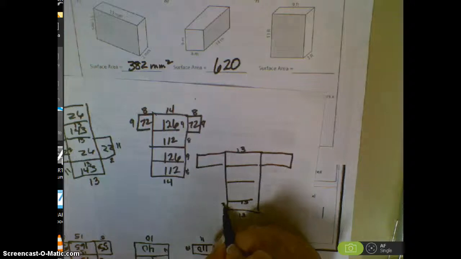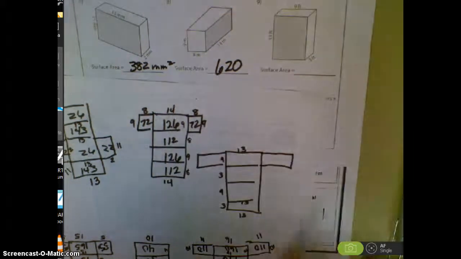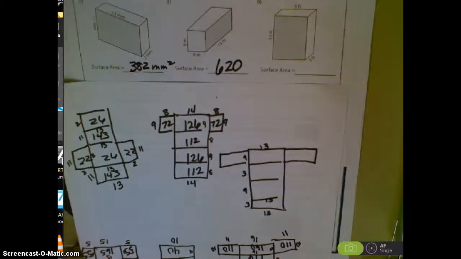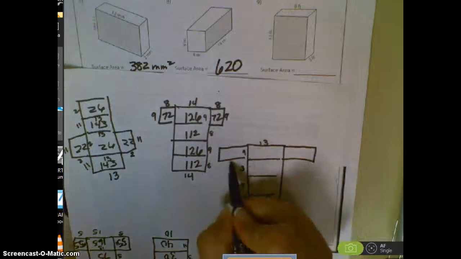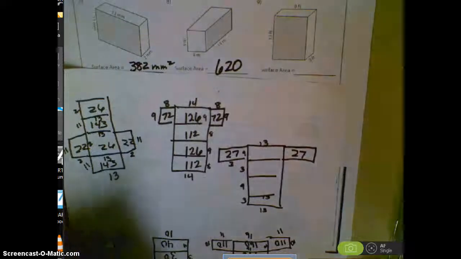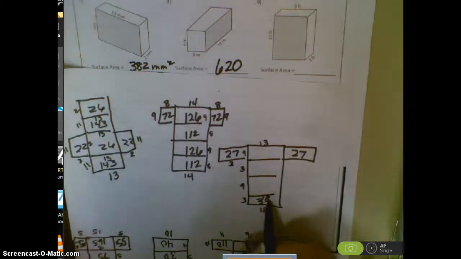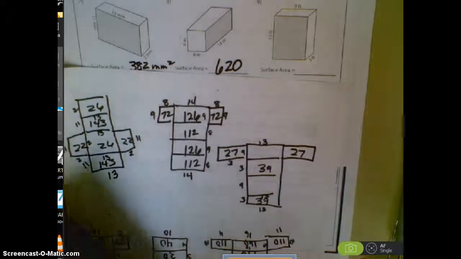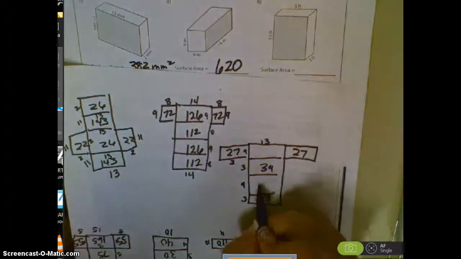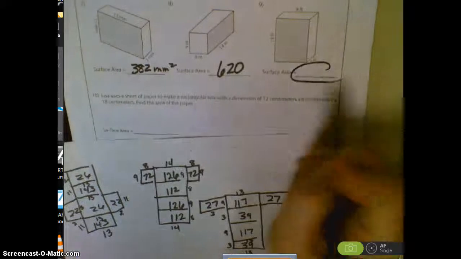So 3, 9, 3, 9. Am I on? Yes, I'm still on. Alright, 9 and 3. Boy, my picture doesn't look so good. We'll do 27, 27, and then I'm grabbing my calculator. 13 times 3 equals 39, 39, and 9 times 13, for that piece, is going to equal 117, 117, and I'll let you find the total surface area for this one.